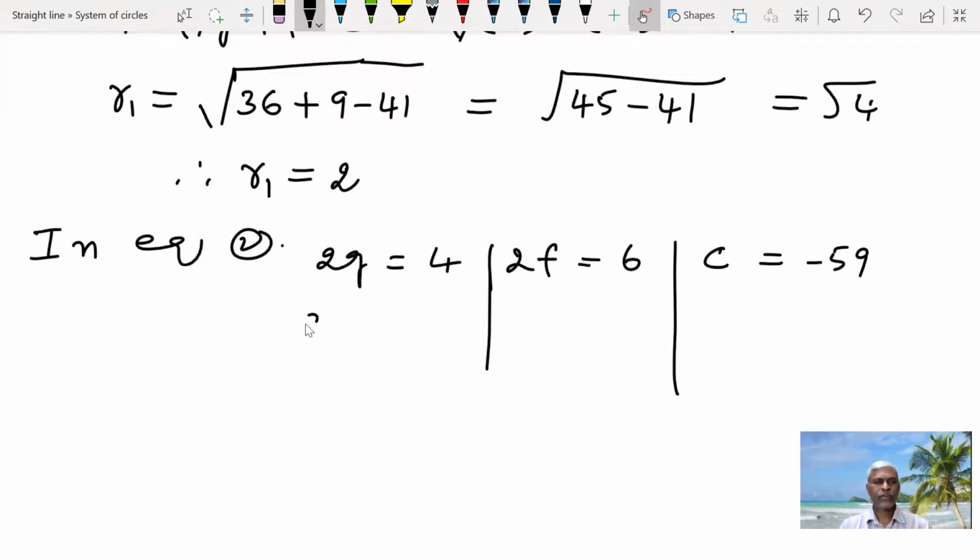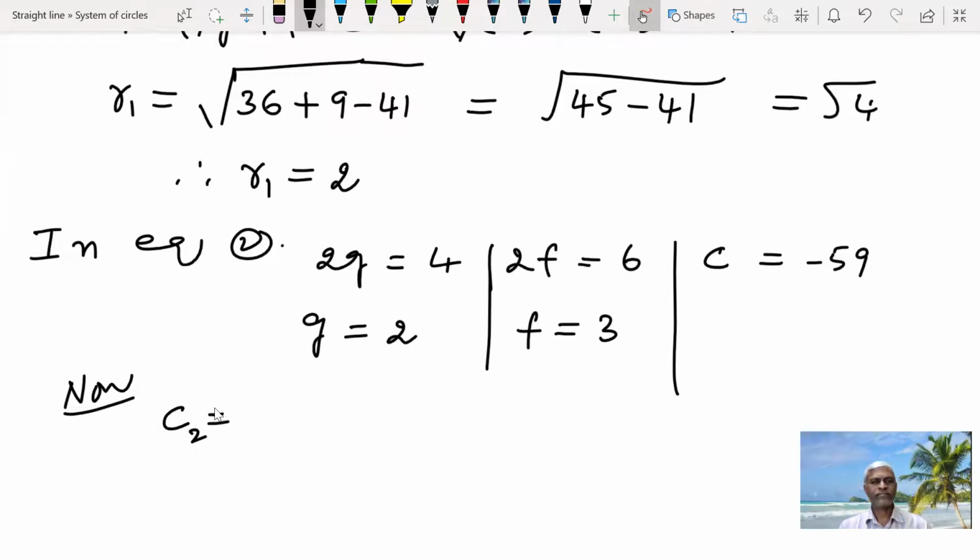So 2g is 4, g value is 4 by 2, that is 2, f value is 6 by 2, that is 3. Now center of second circle, minus g, minus f formula. So minus 2, minus 3.